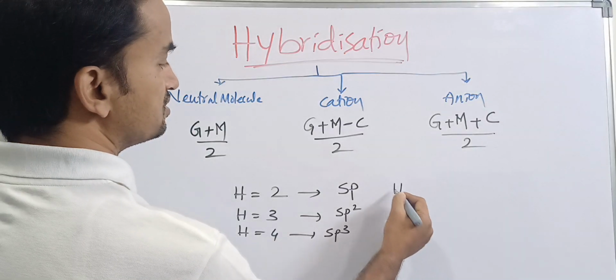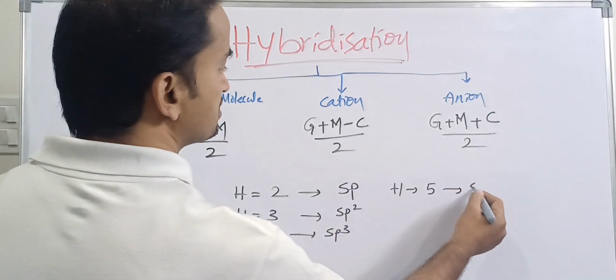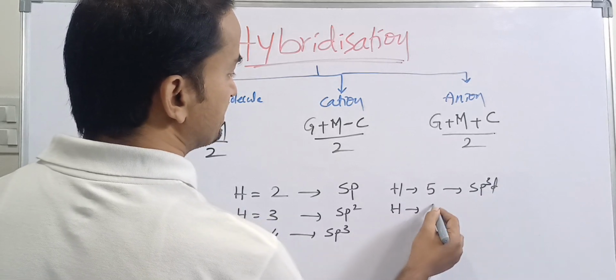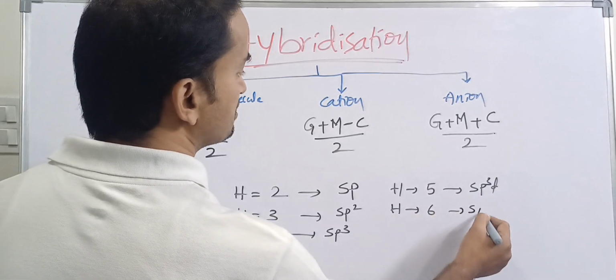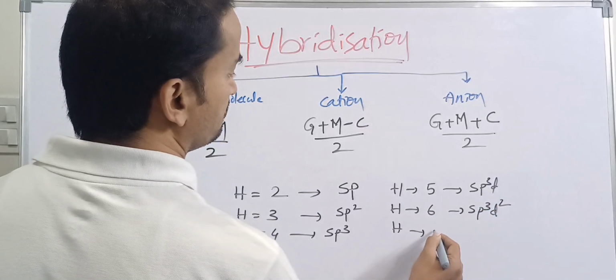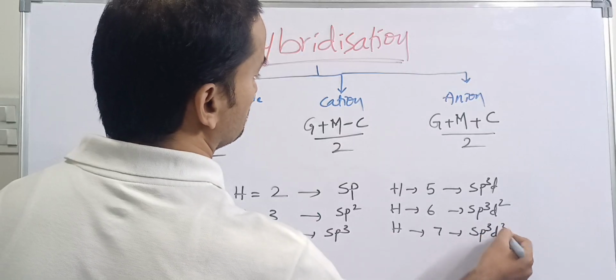Suppose H value is 5, sp3d hybridization. H value is 6, you are getting sp3d2 hybridization. If H value is 7, sp3d3 hybridization.